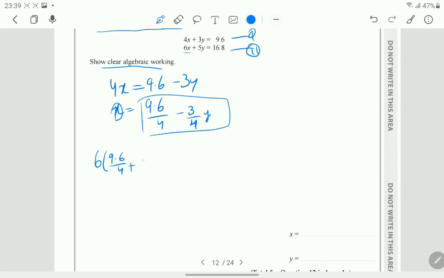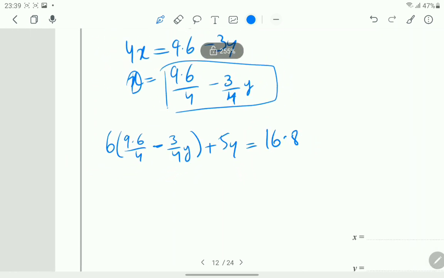So minus, got carried away, minus 3 by 4y plus 5y equals to 16.8. You could use a calculator to simplify this out, and then let's see what goes.